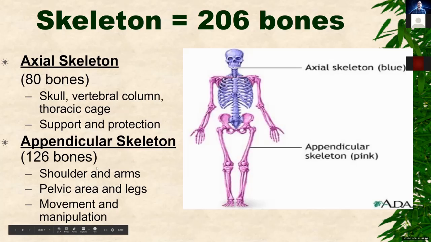So 206 bones in total, 80 bones, the axial skeleton, 126 bones, the appendicular skeleton. You can see the appendicular skeleton in pink, the axial skeleton in blue. Two different purposes and two major parts of the body in terms of the skeleton.